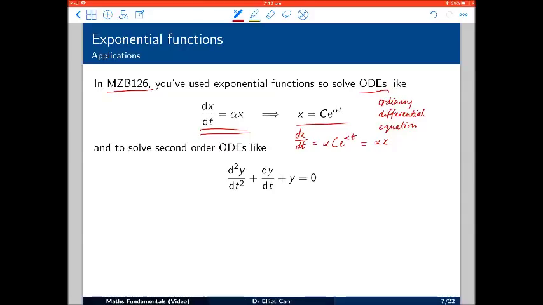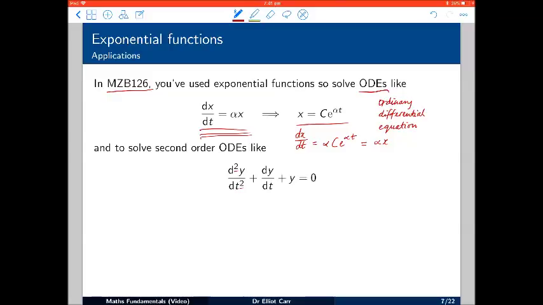You would have also used exponential functions to solve more complicated ODEs. So this one here is a first order differential equation, because the highest power in the derivative is 1, whereas this is a second order because we have second order derivatives as the highest power.